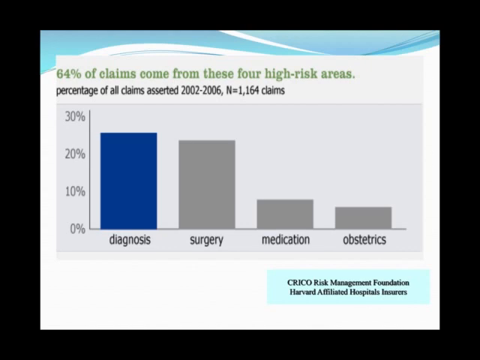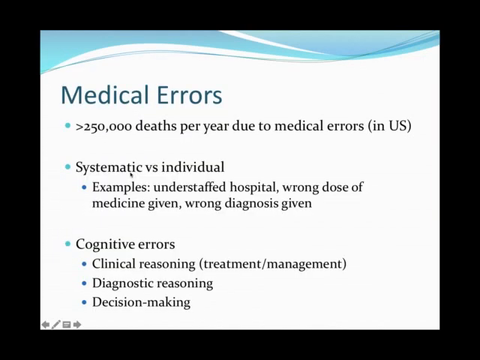So when we look at this, what are patients most angry about? What are they suing doctors most about? It's mainly these diagnostic errors. When we do see medical errors, we know there are over 250,000 deaths per year due to medical errors, and that is just in the U.S. There are a lot of different types of errors, and we can group them in different ways.